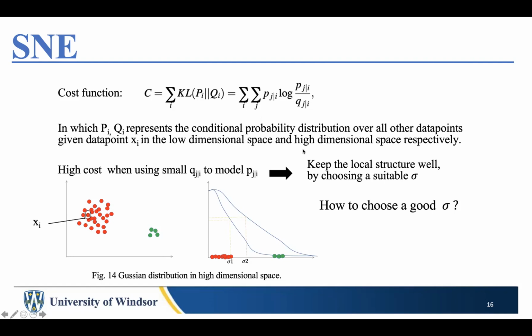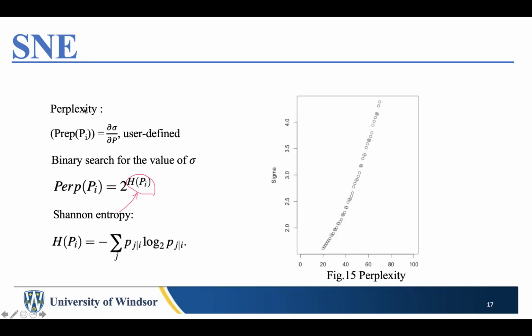So the cost function is focused on retaining the local structure of the data in the map by choosing a suitable sigma. It is clear in the figure. In these regions, a small sigma is better than a big one. Then how to choose a good sigma? t-SNE introduced a perplexity. It is defined by the user.